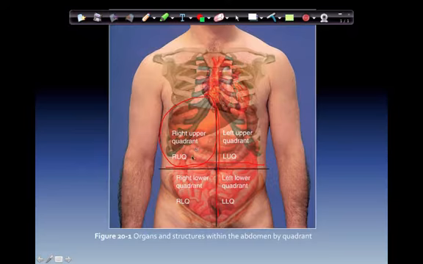So that's why some people like the actual 9-quadrant. Liver's up here, some of the stomach and the intestines in the right upper quadrant. Pancreas and gallbladder are also up here. Left upper quadrant: spleen, intestines again, and more of the stomach. Right lower quadrant being our appendix. Left lower quadrant, just mostly intestine. Rectal area.